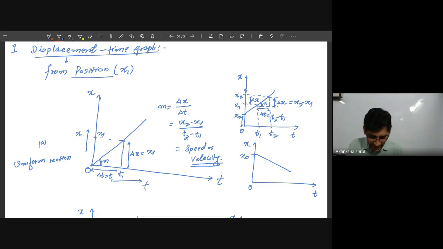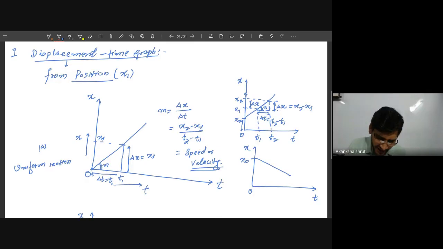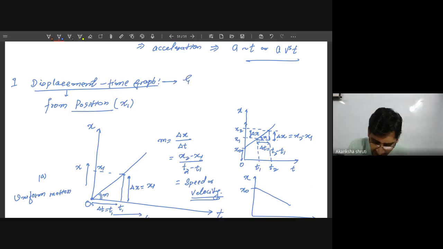So in the displacement time graph, you have to keep in mind, from the displacement time graph we can calculate speed and velocity. That is one thing. Right here itself it gives speed or velocity.